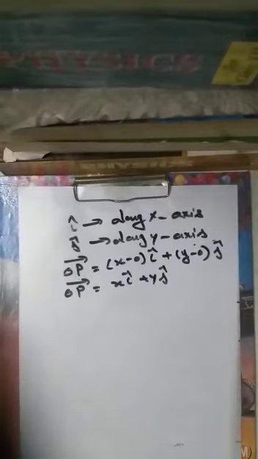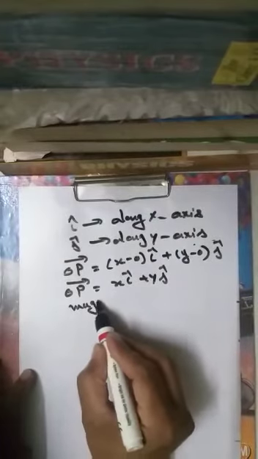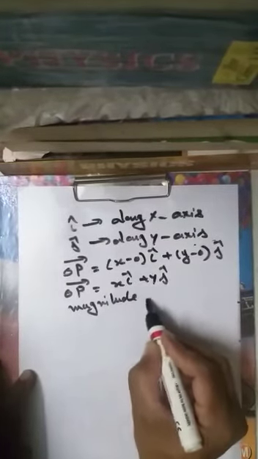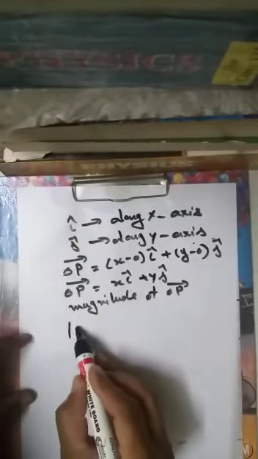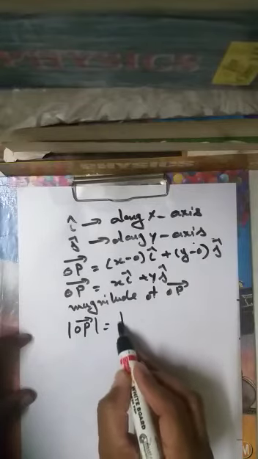If you want to calculate the magnitude of OP vector, to find the magnitude, we write the magnitude of OP and take the square root.